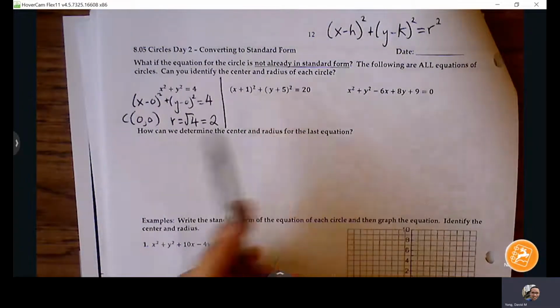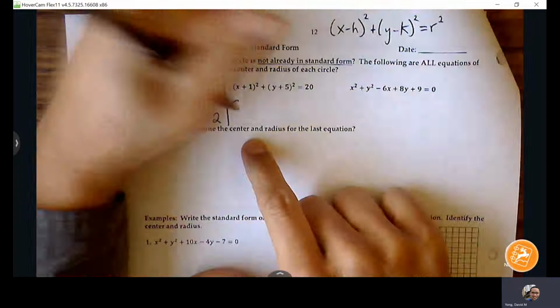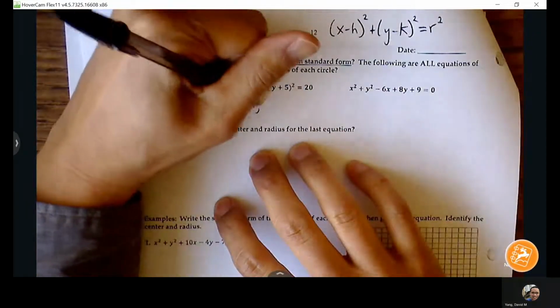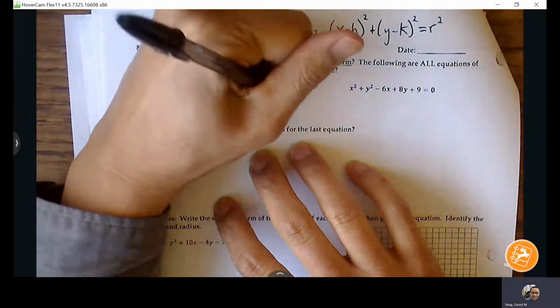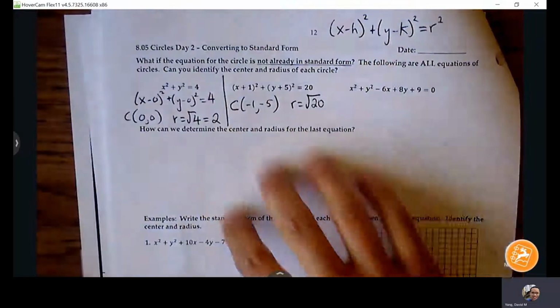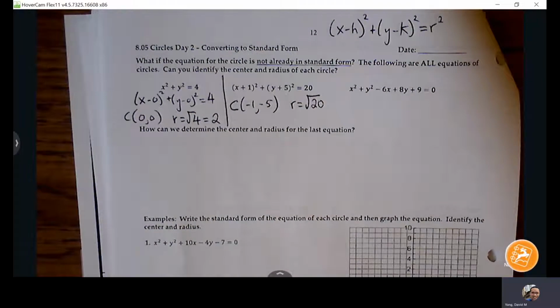Okay, second one. What's the center? And the radius is the square root of 20.